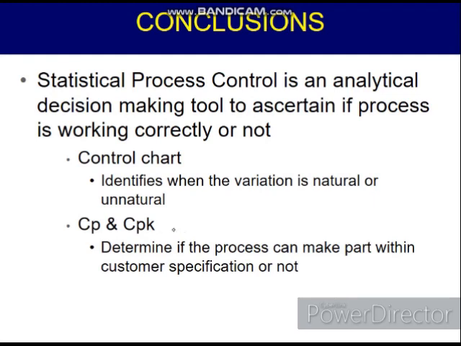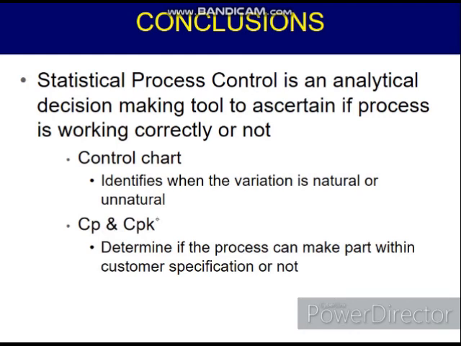The other tools that we looked at and calculated are CP and CPK. CP and CPK are capability indices, where CP is a capability index which cannot detect if the center of the process is not at the center of the spec.